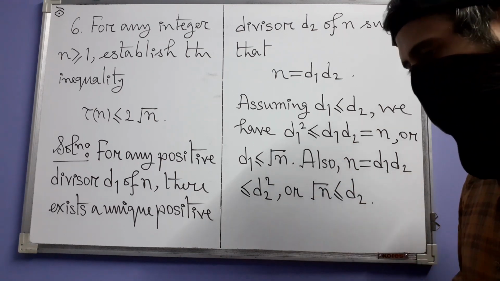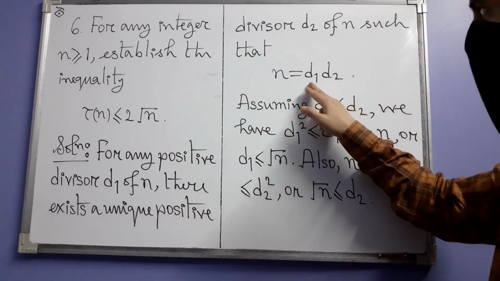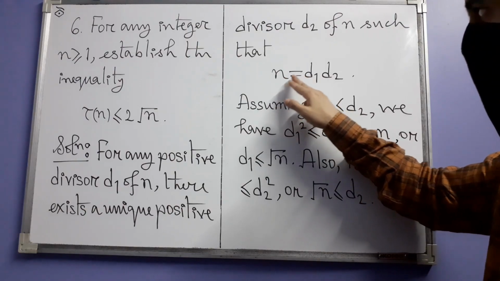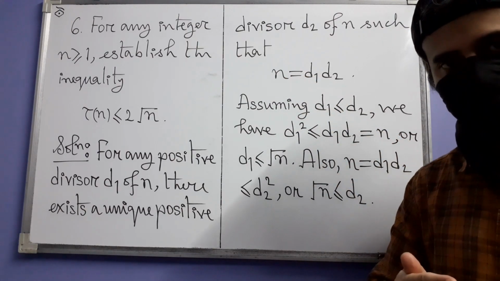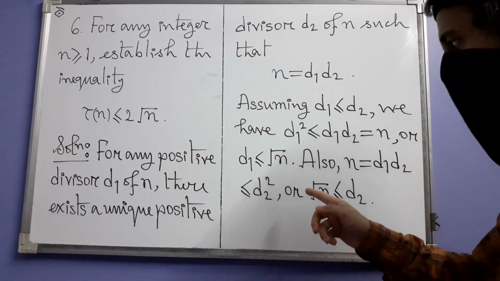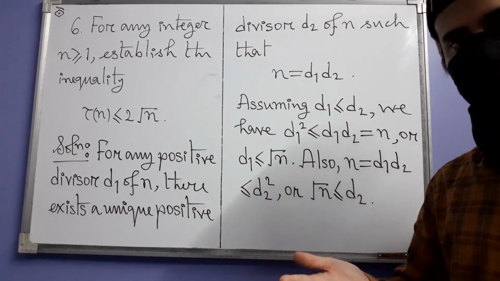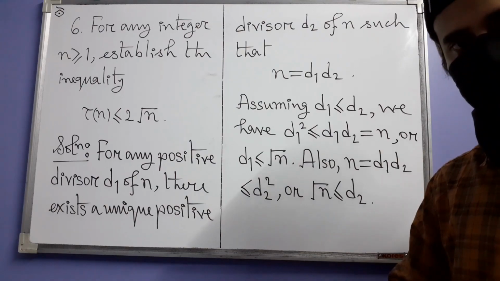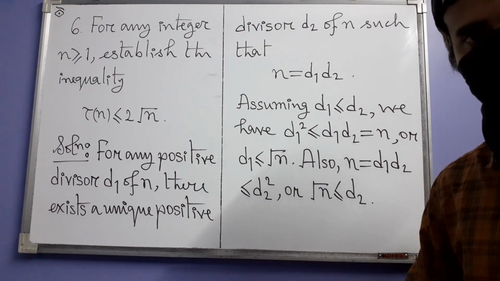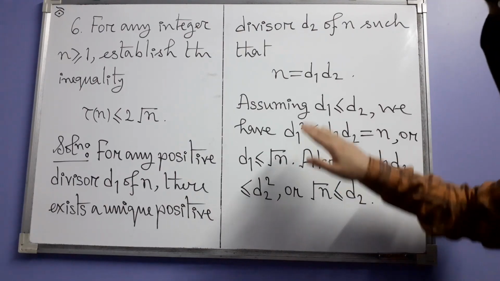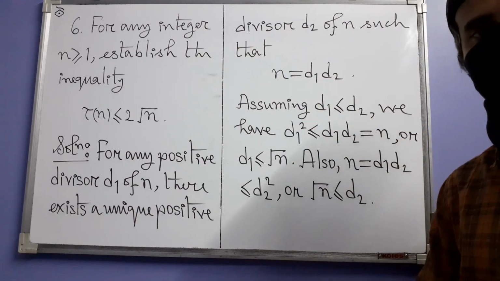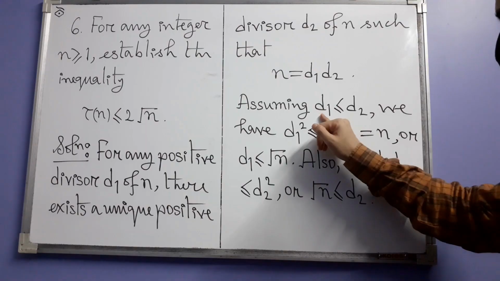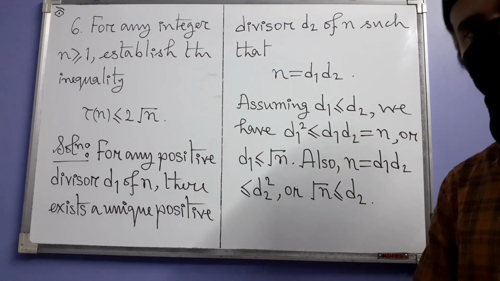Let me phrase it this way. Whenever you write n as a product of two positive divisors, one of them is less than or equal to the square root of n, and the other one is greater than or equal to the square root of n. Regardless of what this d1 and d2 are, that is always the case, depending on which one is greater and which one is smaller.